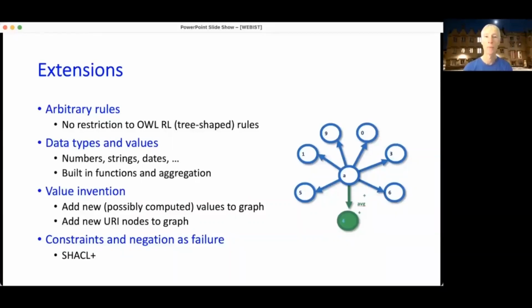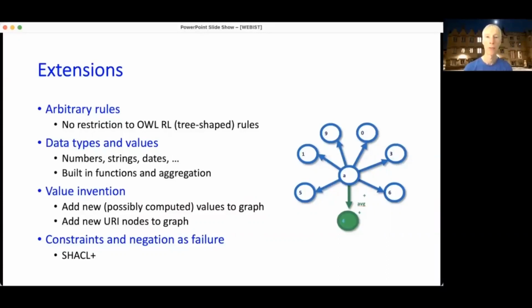We might even want to invent a new URI and to add it as a node in the graph, for example, to reify an edge in the graph. This is a little more tricky as we need to ensure that materialization doesn't add an unbounded number of nodes to the graph. This problem has already been studied, however, and suitable solutions can be found in the literature. But again, implementation requires significant engineering effort.